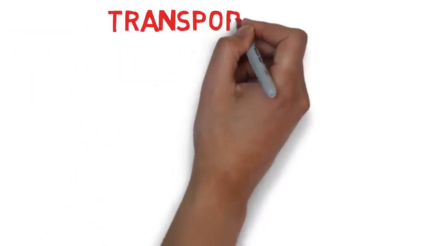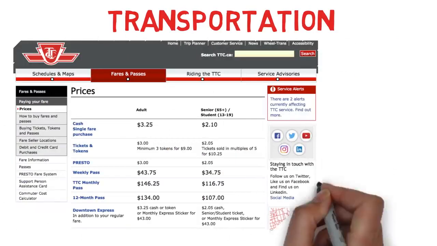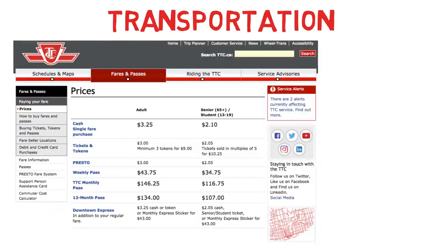Okay, now let's talk about the transportation. This is the official screenshot of TTC, which covers the trams, the buses, the metro or train, everything. This is the screenshot from 2019.